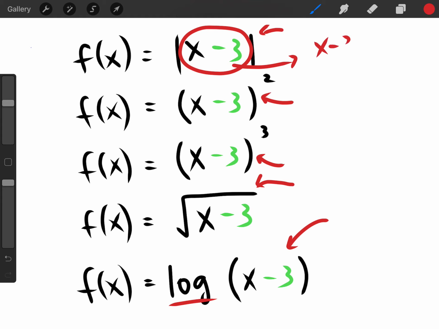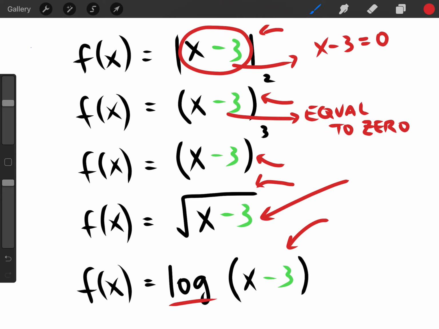So x minus 3, you want to set whatever is inside equal to 0. I have to say this so many times because it's so important.